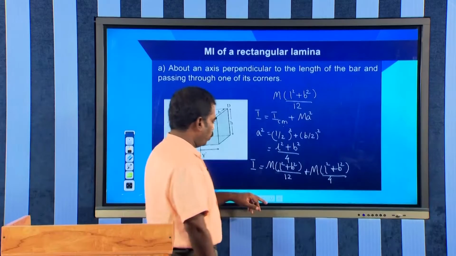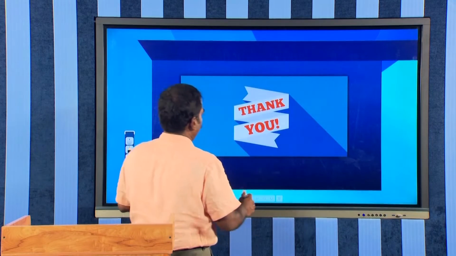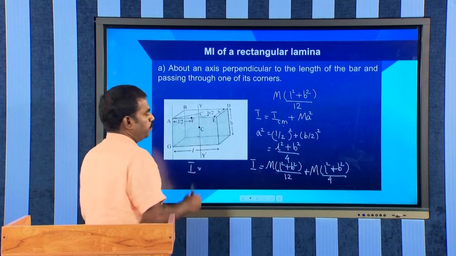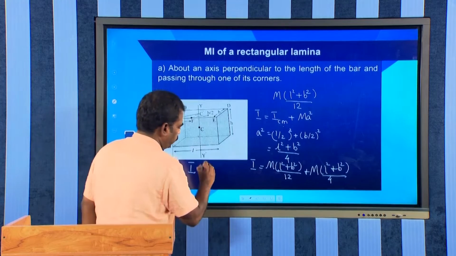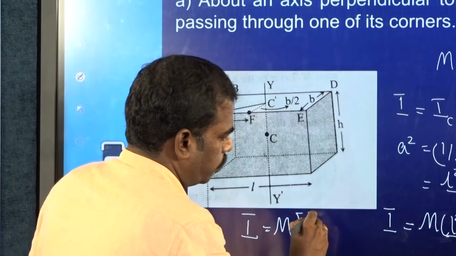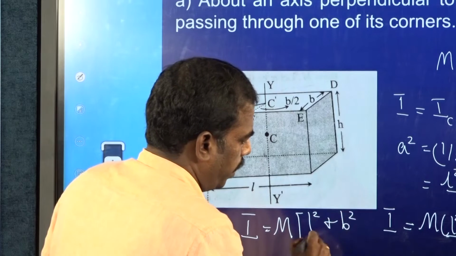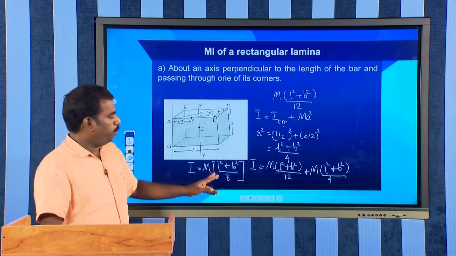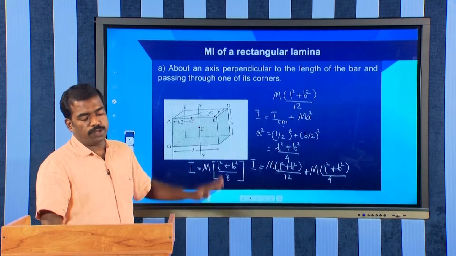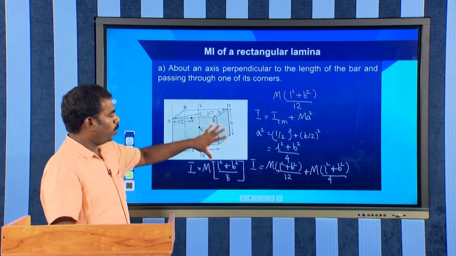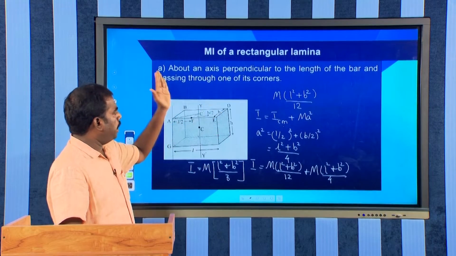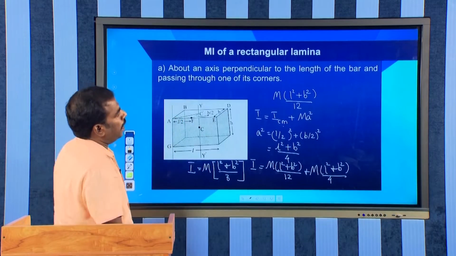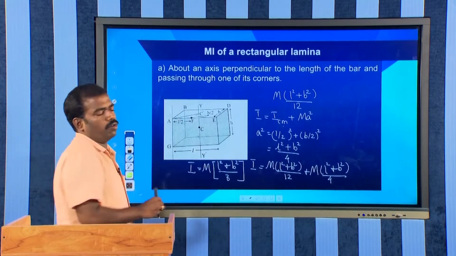So, if you solve the same, you will get I equal to M into L square plus B square by 3. So, this is the moment of inertia of the rectangular bar about an axis perpendicular to the length and passing through one of its corners.